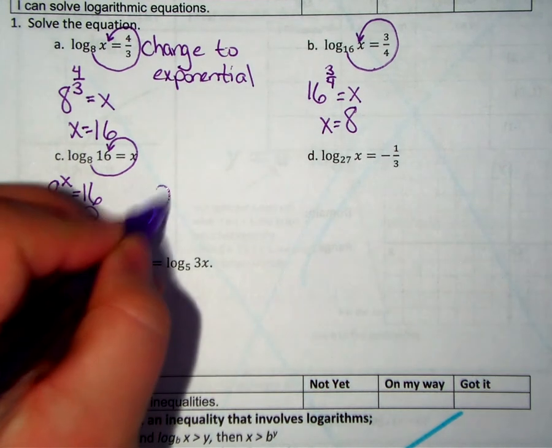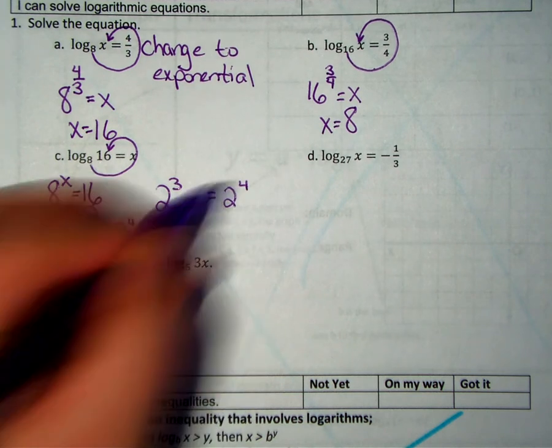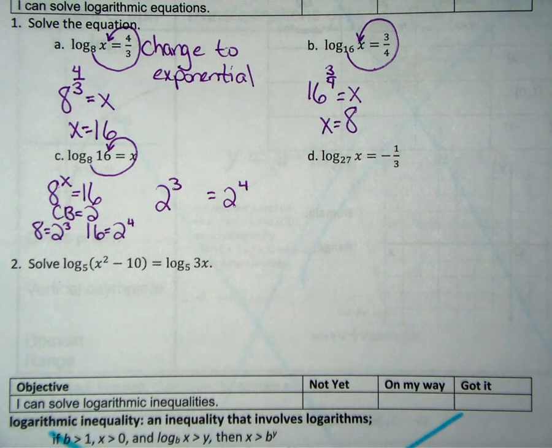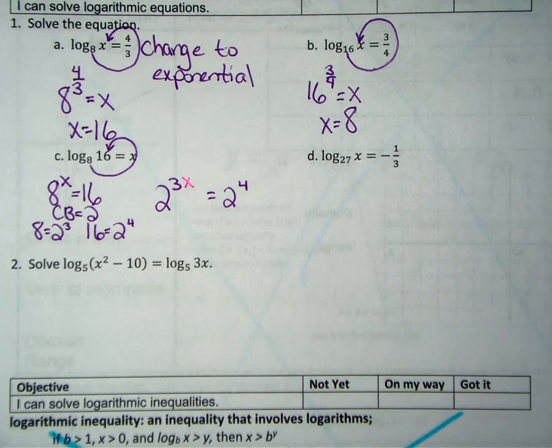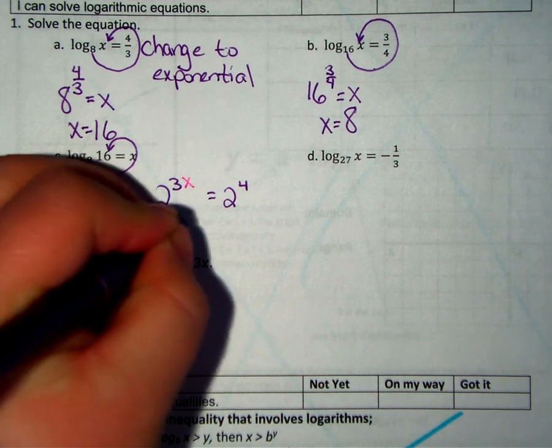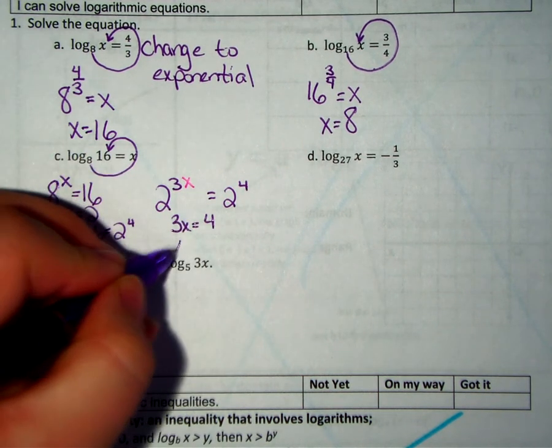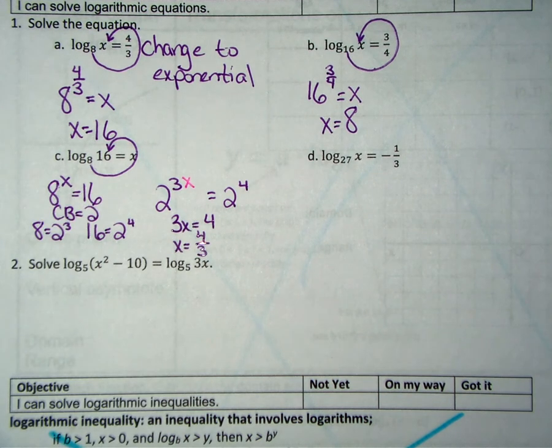So I have 2 to the 3 for 8 and 2 to the 4th for 16. And again, I'm going to plug in that exponent. We know that when the bases are the same, the exponents get set equal to each other. So divide by 3 on both sides, and it equals 3.